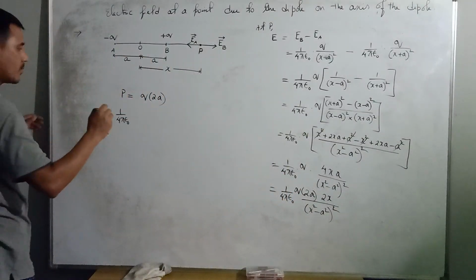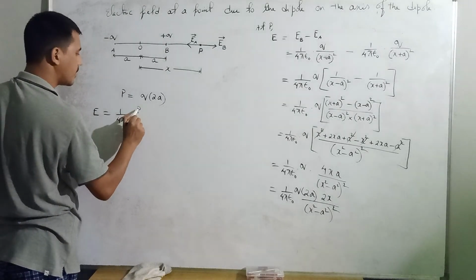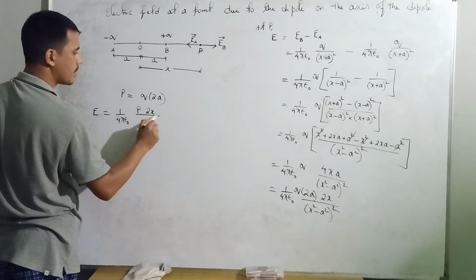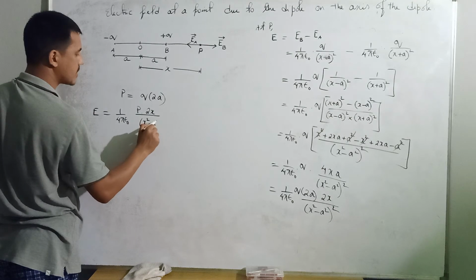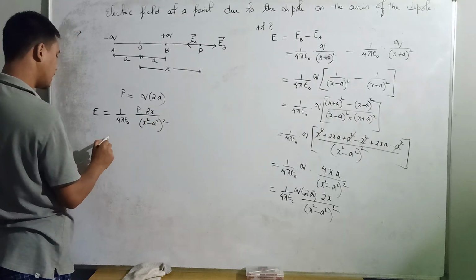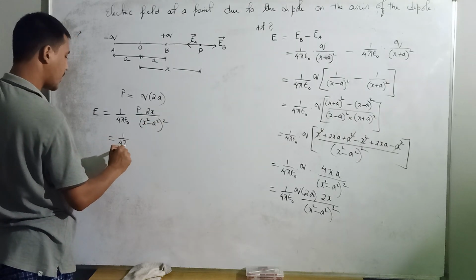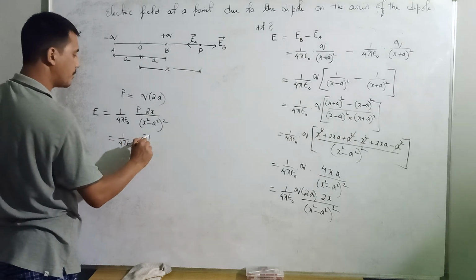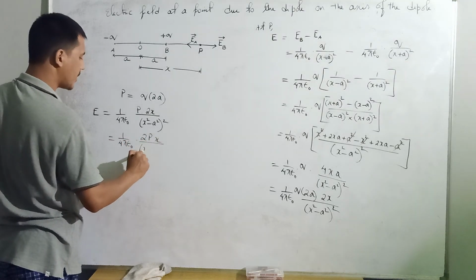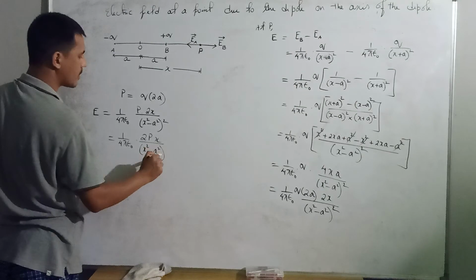Q times 2A will be your P. So that's 1 by 4 pi epsilon naught into 2px upon x square minus A square whole square.